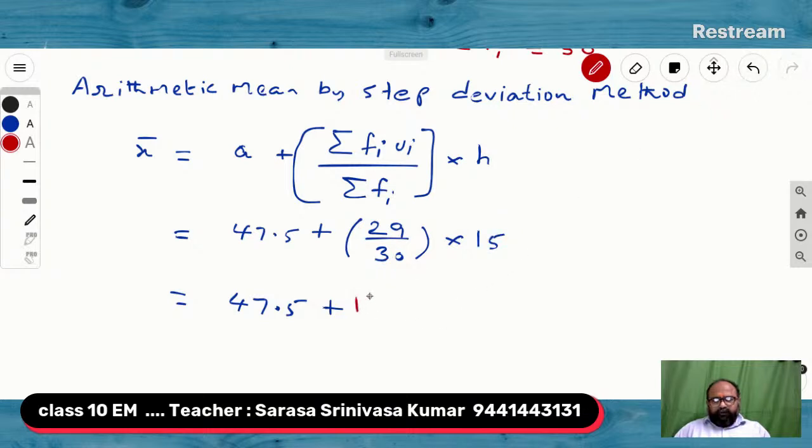So here we can write 14.5. So we get x bar equal to 62. What is x bar?